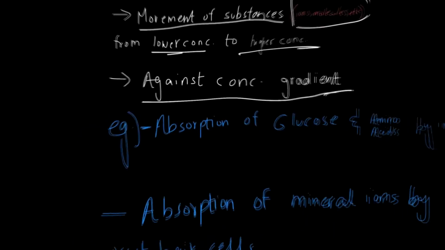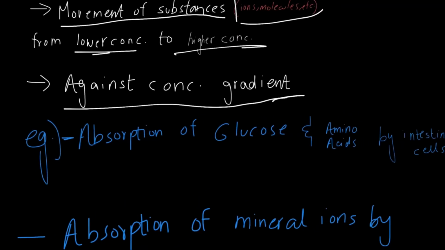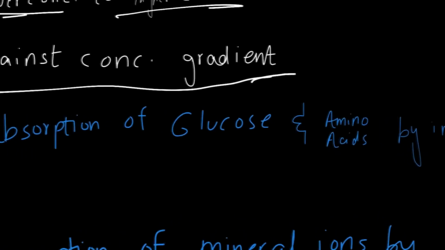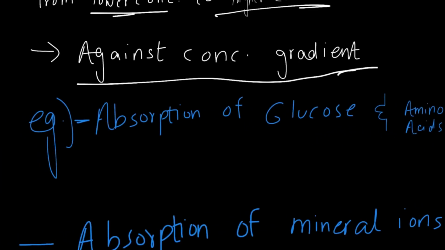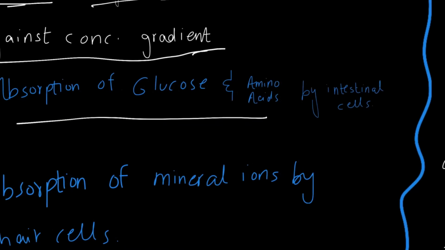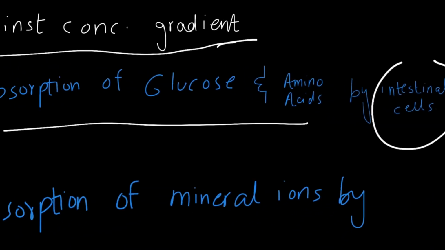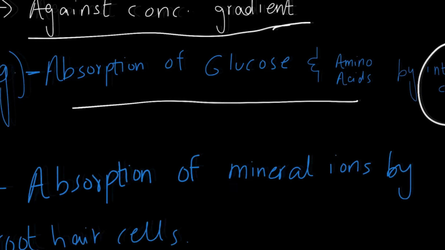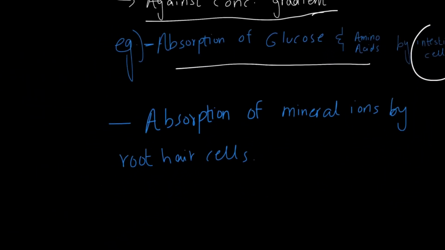So a few examples of active transport in our bodies are given right here. For example, absorption of glucose and amino acids in the intestines by the intestinal cells, that we've learned, villi, microvilli, all through that, active transport takes place. And the second is in plants, where we've learned about absorption of mineral ions by root hair cells.